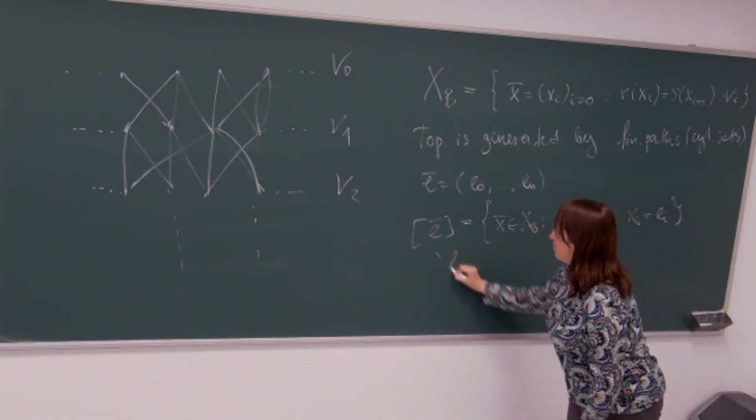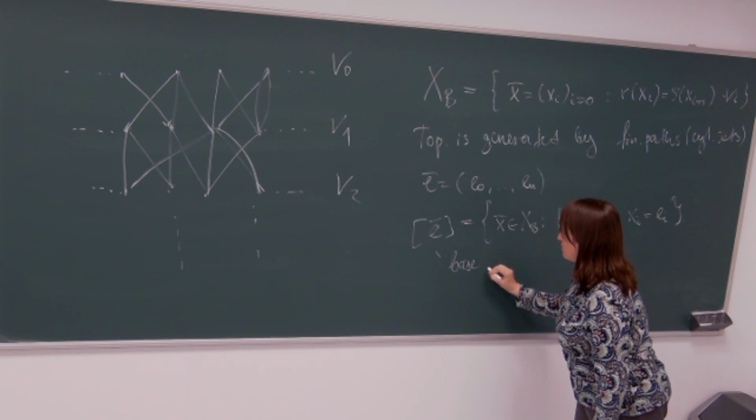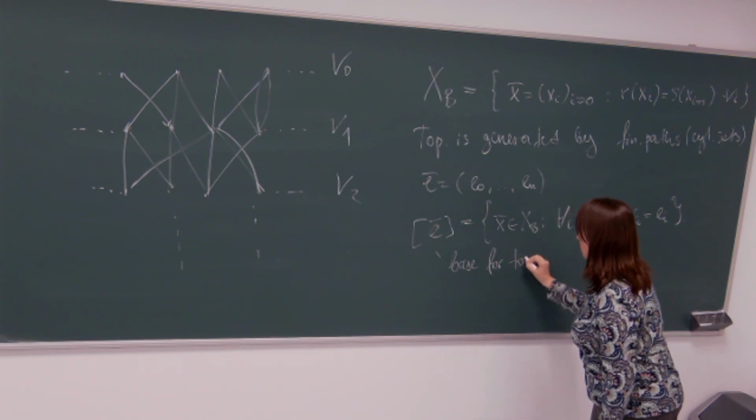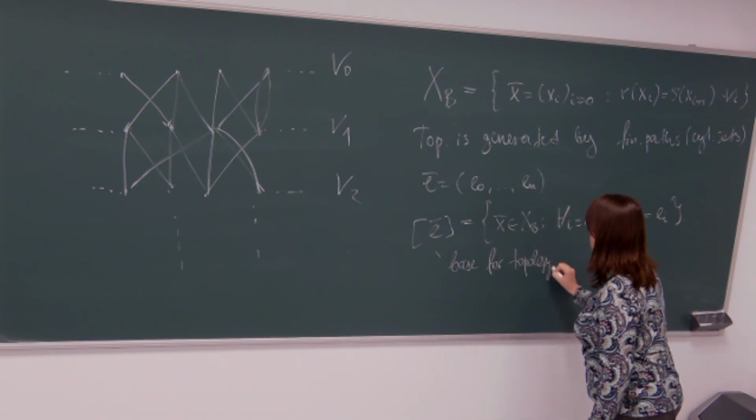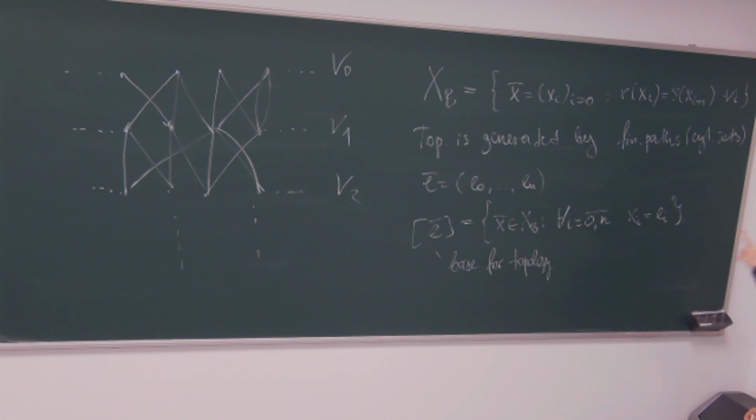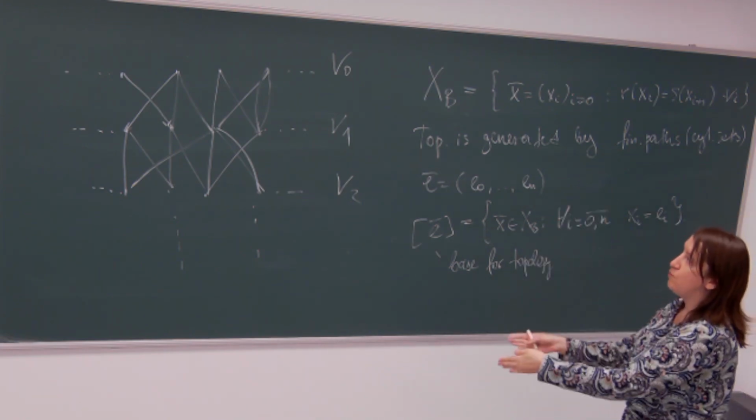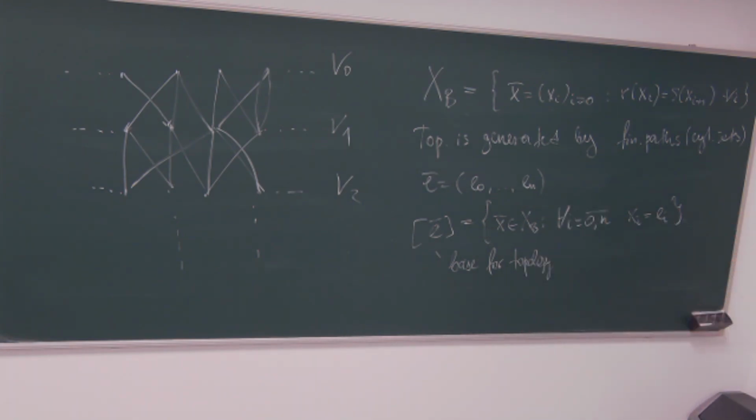And they form the base for the topology. And with this topology, X_B becomes a Polish space. It's a complete separable metric space. In the case when we have finitely many vertices on each level, and if we don't allow isolated points, we get a Cantor set.